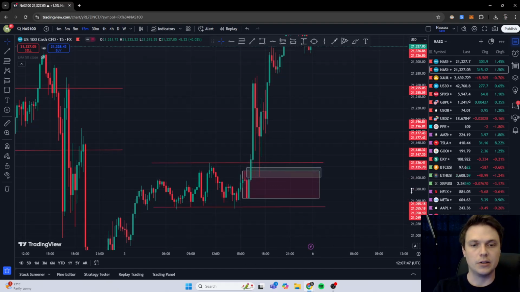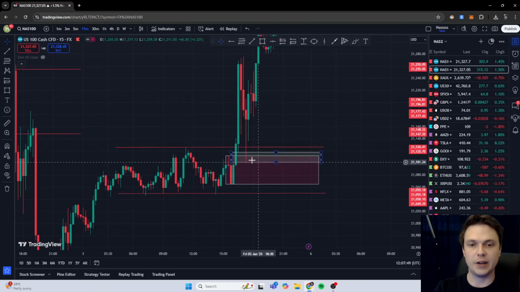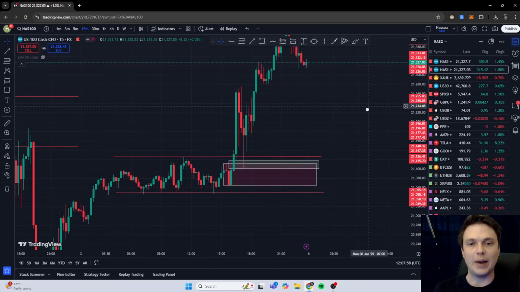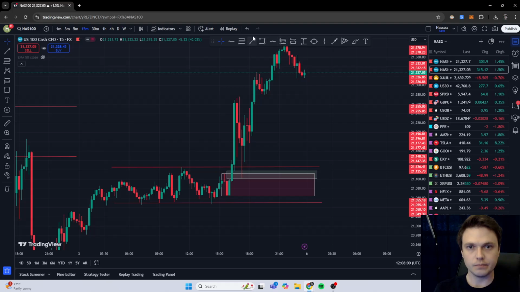Okay, so now you will see there is the perfect setup for that buy trade over there. Once it hits into this fair value gap and goes close into this order block, that is where you will place your trade. There are multiple ways to risk manage this trade, and I really suggest that you look into the best method for you.